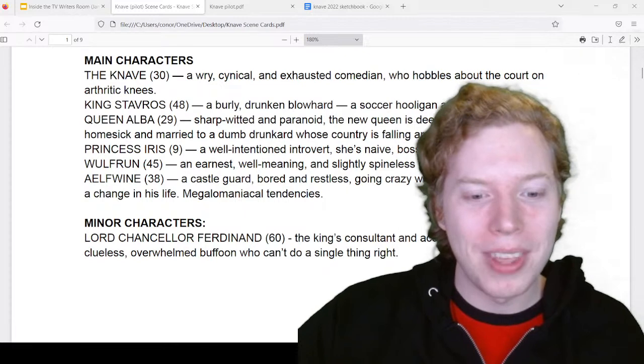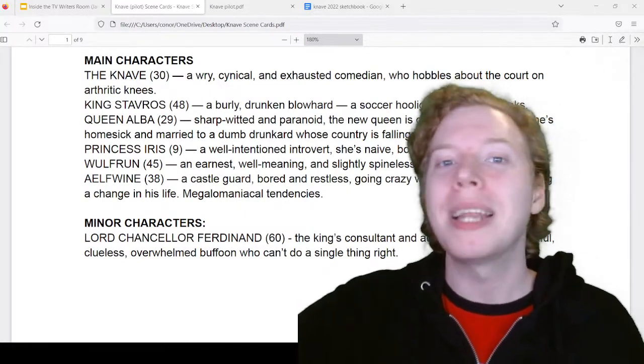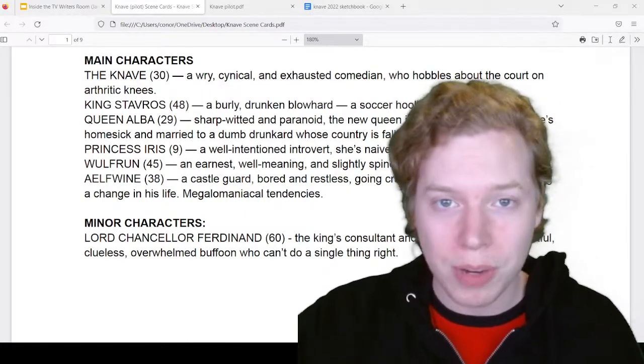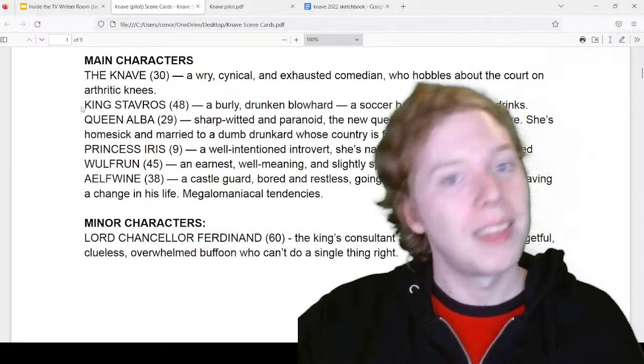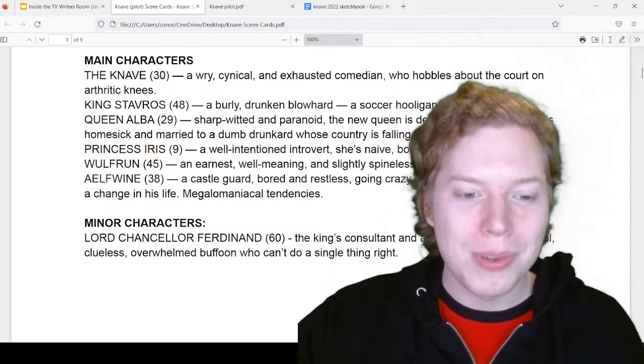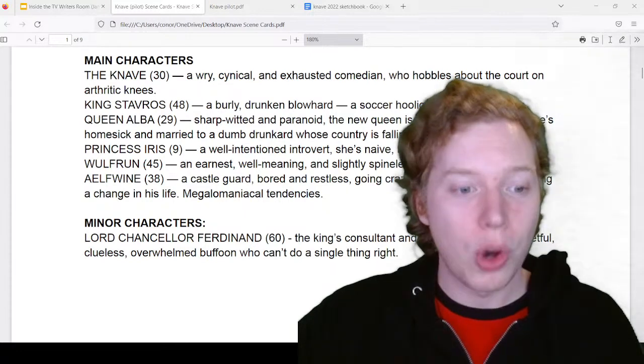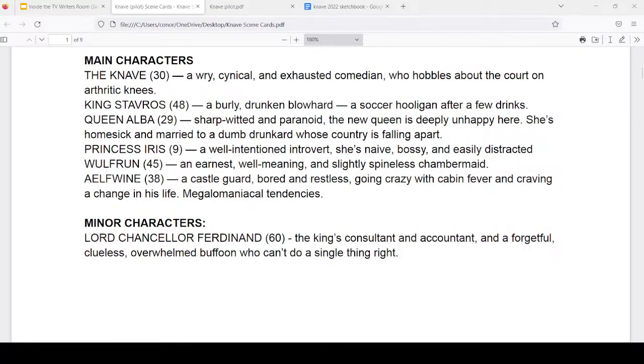And then we need someone for our main character to have a sort of central relationship with. And in our case, it's going to be the king. So if the premise of the show is he must keep things running in the court of a foolish king, well, we need our foolish king. We need a king that is going to require the most guidance from the jester. So that's why I've decided on a kind of drunken blowhard.